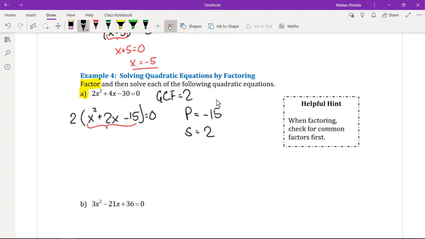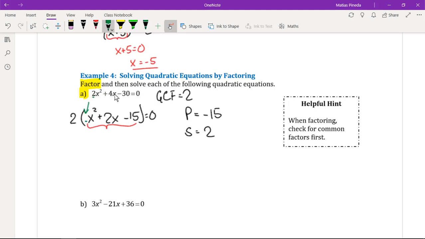Whenever you use this method, you need to make sure that the numerical coefficient in front of the x squared term is 1. If there is no number in front of the x squared term, it means it's 1. In the original expression, the number in front of the x squared term is 2, so we cannot apply the sum and product method here.